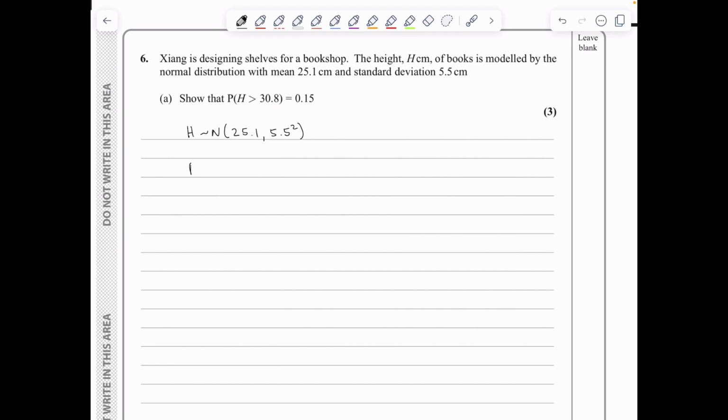The probability of capital H being greater than 30.8 is equal to 1 minus the probability of H being less than 30.8. I will proceed by standardizing, and I will deduct the mean and divide by the standard deviation. So minus 25.1 over 5.5. This leads to 1 minus the probability of Z being less than 1.04.